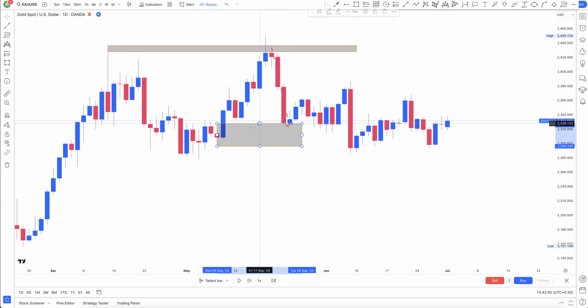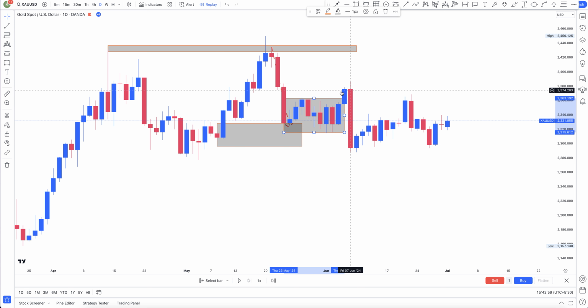Then we had price moving up a little, but we were not able to move to the upside until we had this consolidation at this point. Then eventually we had price moving like this.